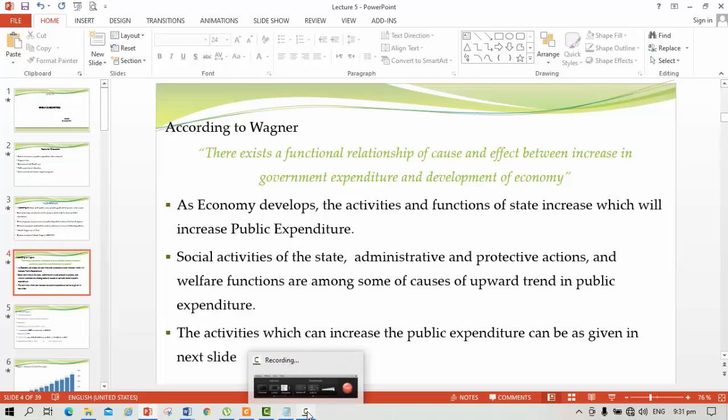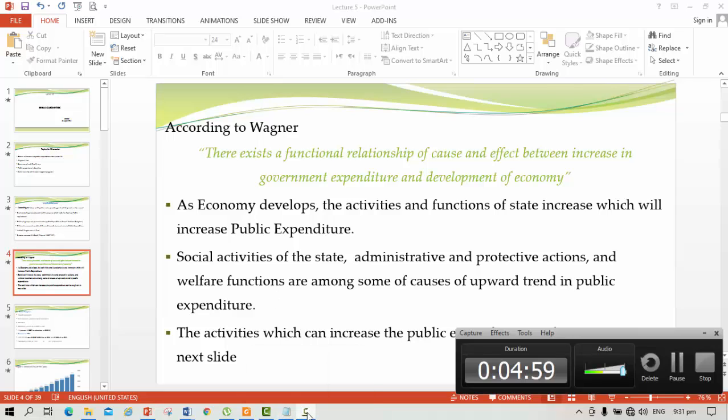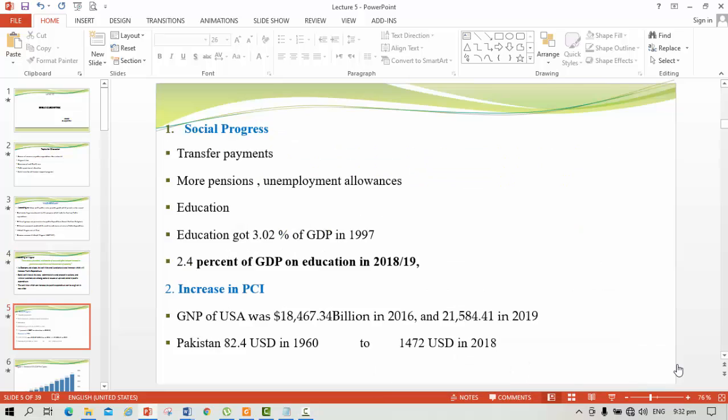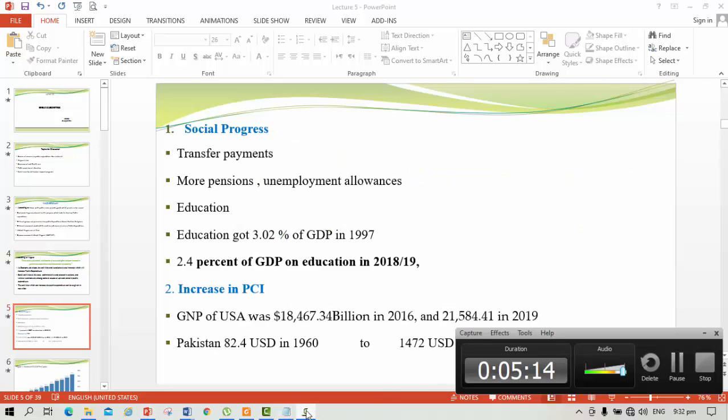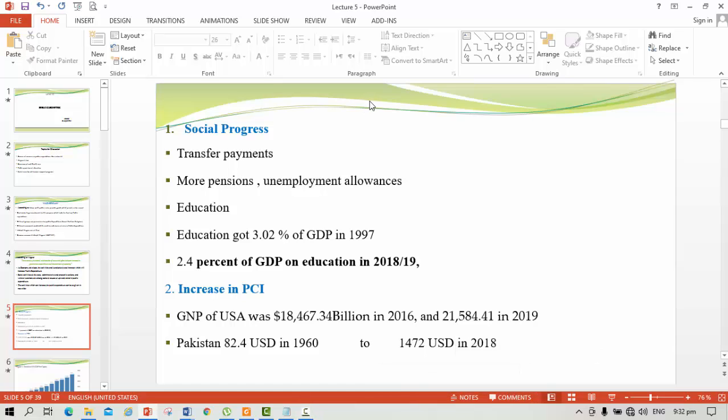So according to Wagner, there is a functional relationship of cause and effect between increase in government expenditure and the development of the economy. Among these factors, number one is social progress. We know that as the economy develops, there is social progress.